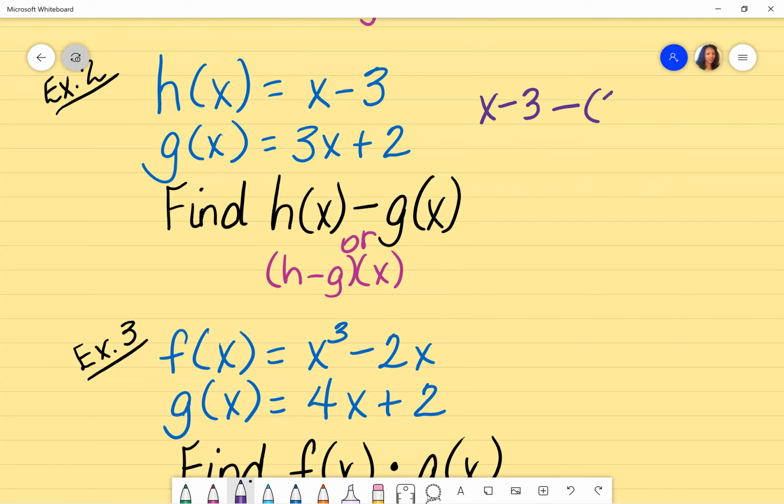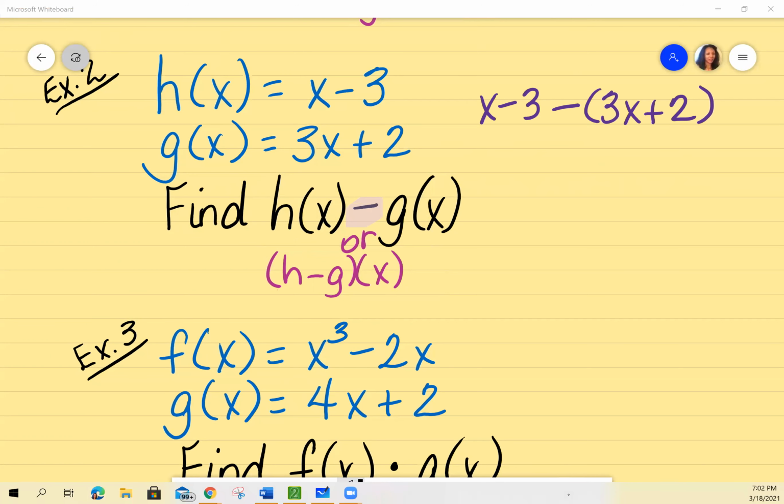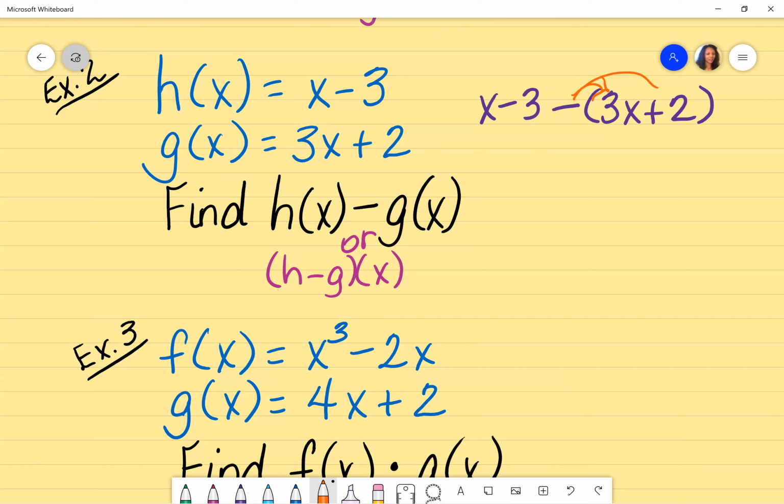So g of x is an expression, 3x plus 2. And the reason I definitely want to use the parentheses is because we should know that if you have a negative sign, then that means that you're going to distribute. So we wouldn't know that if we didn't put that set of parentheses there.